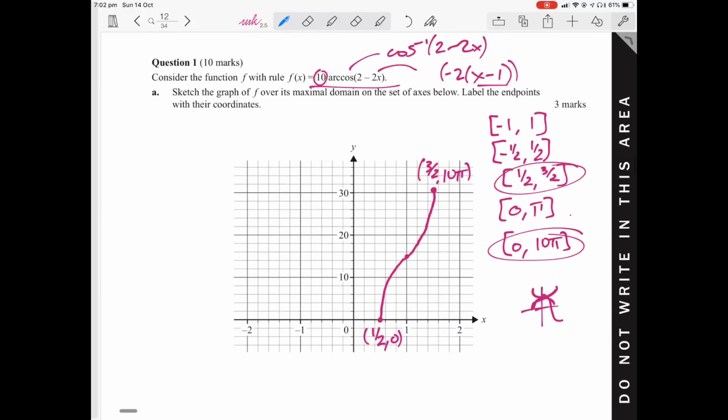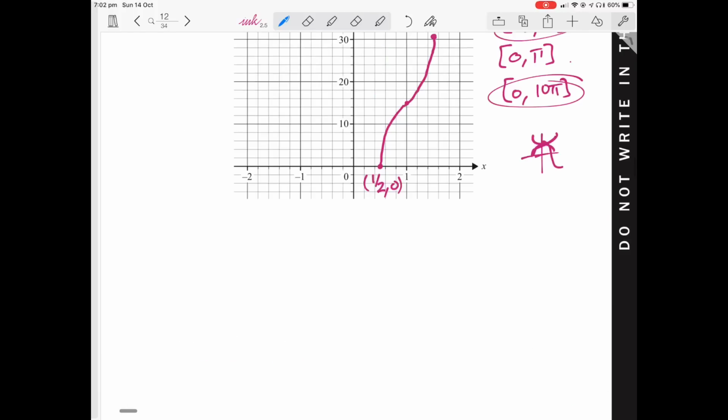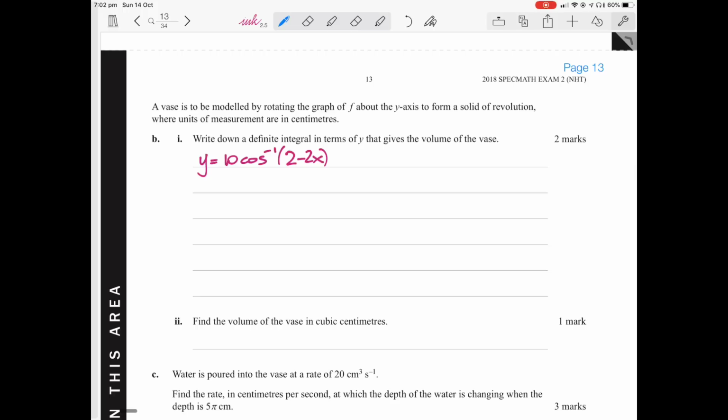Okay, so we've got y equals 10 cos inverse of (2 minus 2x). We want to find its inverse because we want our function in terms of y, and it'll go from 0 to 10 pi, my upper value. Now here, if we swap x and y, we're going to get x on 10, so y on 10.